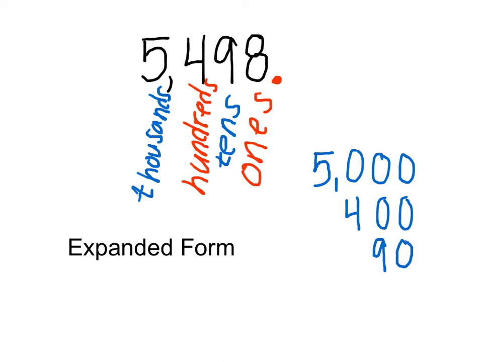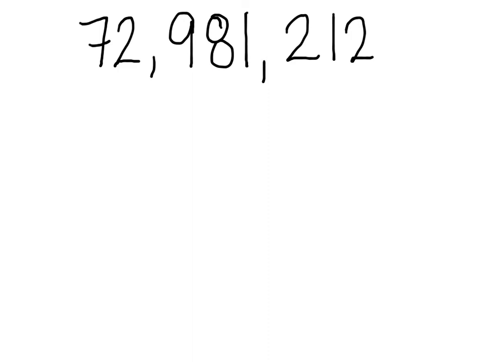And in the ones, I have just 8 ones. With expanded form, you could then add it up, and you would end up getting 5,498. Remember to include your comma after you count back 3 digits, so it's in between the 5 and the 4.